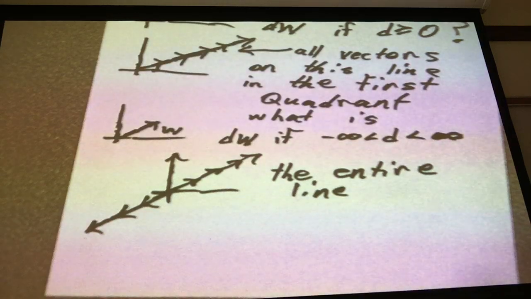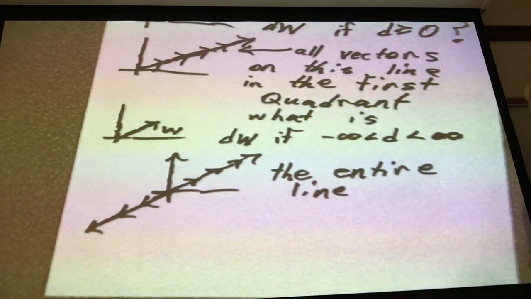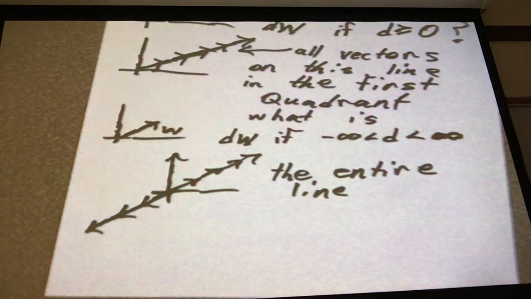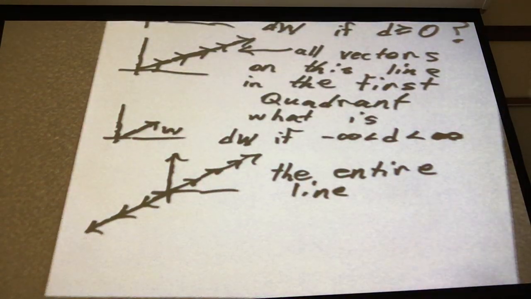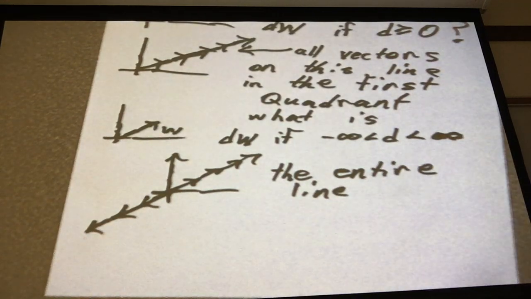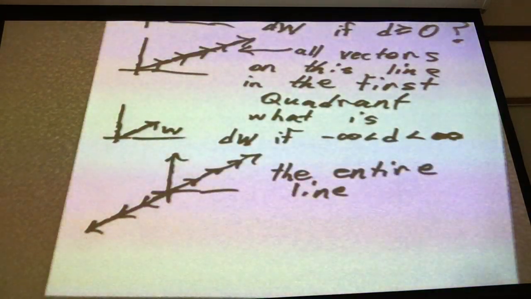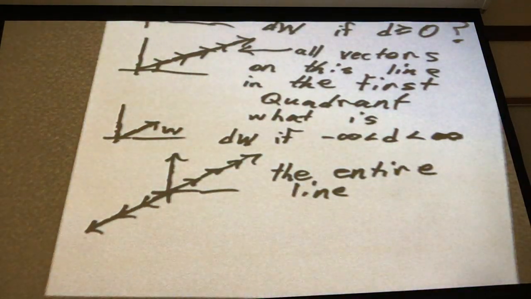And our spanning set, so if we said any scalar multiple of a vector W, it'd be the entire line that is parallel to that vector W, okay? It's just stretched out as far as you want to go. Right? Let's say if we wanted to do some restrictions onto this.